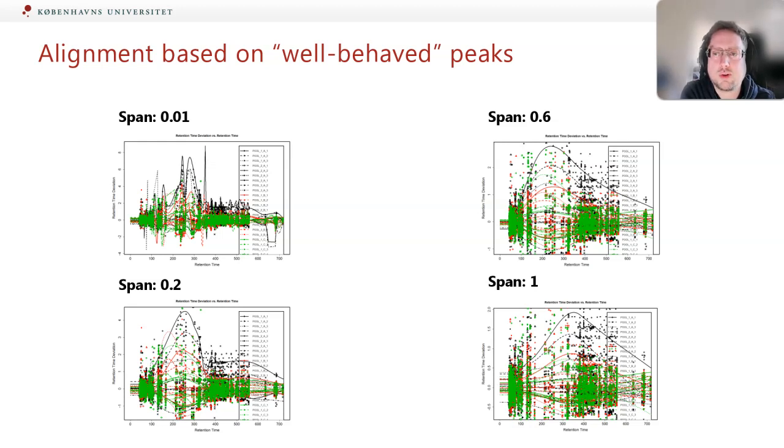It is simply not plausible that at one retention time, compounds were eluting later than the average, then a bit later, the compounds started to elute earlier, and then suddenly they were again eluting late. It can change direction across the run, but not up and down all the time. So I'm looking for a curve that doesn't change direction all the time, but is not smoother than it needs to be.